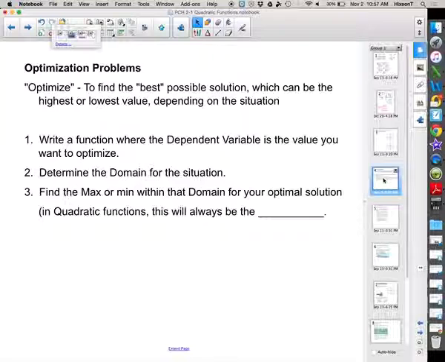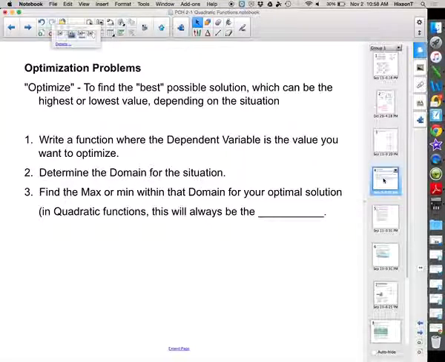The second step is one that students often overlook. We want to determine the domain for the situation. Now notice I didn't say the domain for the function. In quadratics, our domain is always all real numbers. Okay? However, in the situation, we might not be allowed to have fractions, or we might not be allowed to have negatives.